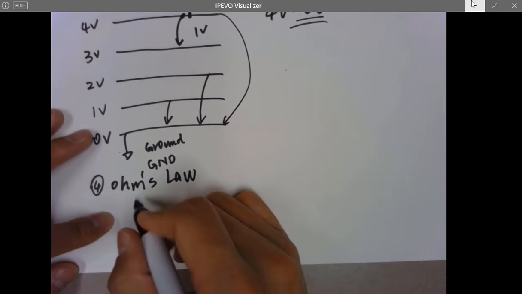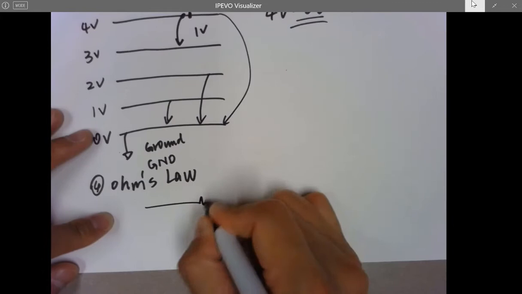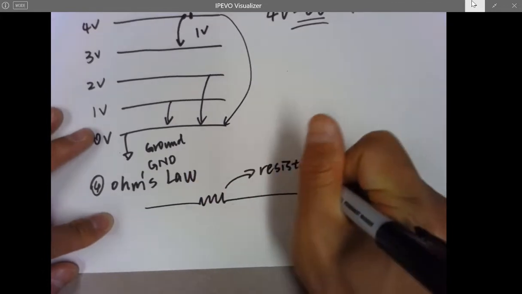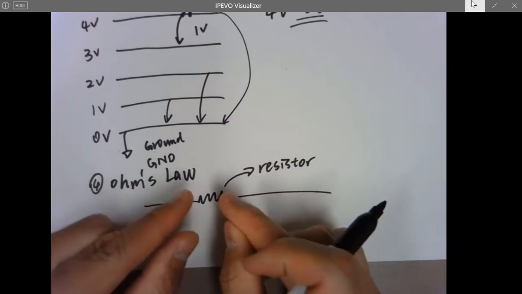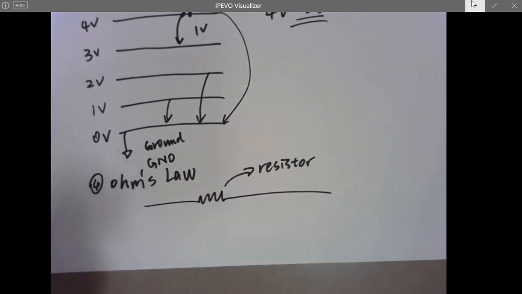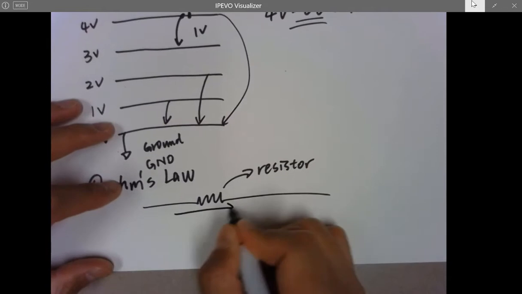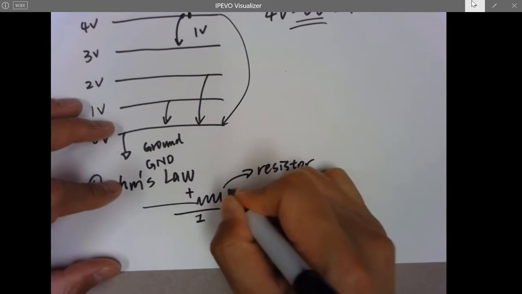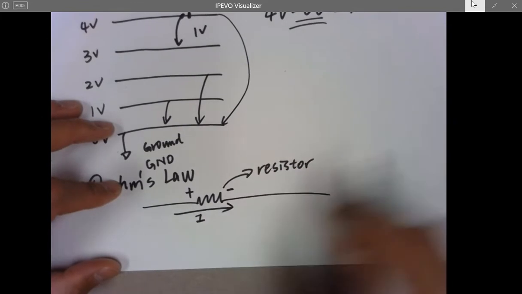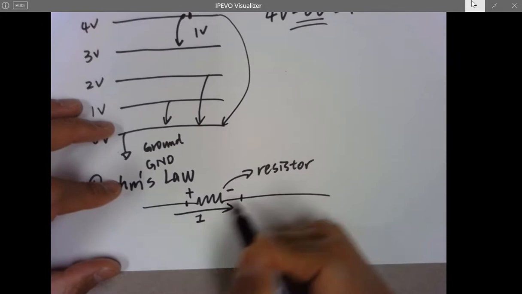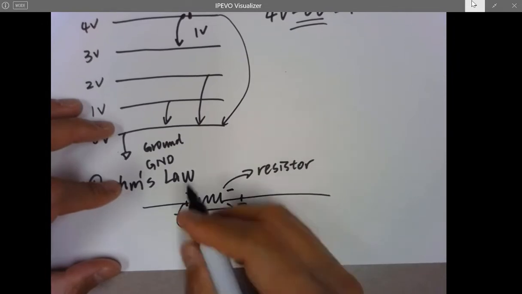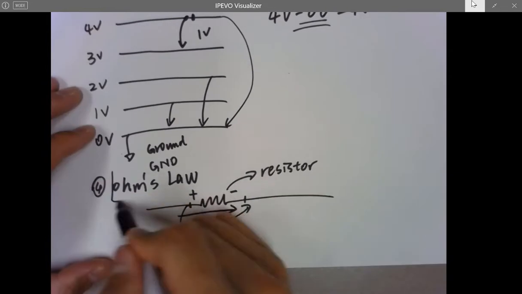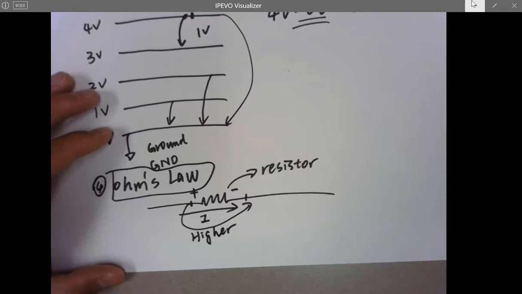For example, this is a component called a resistor. It's just a little tiny component used in circuits. If an electric current flows through the resistor, it's going to form a voltage drop, which means the voltage here will be higher than the other side. And that's the essential meaning of Ohm's law.